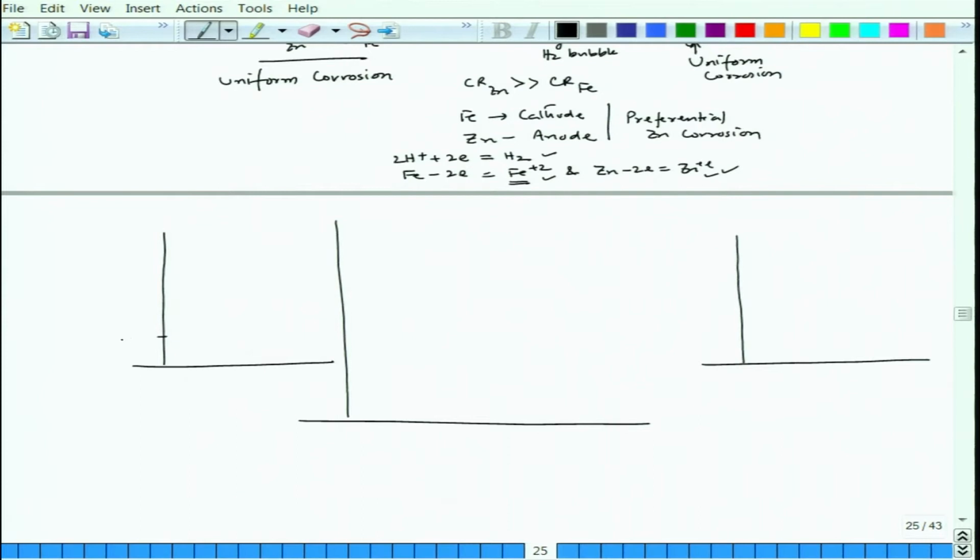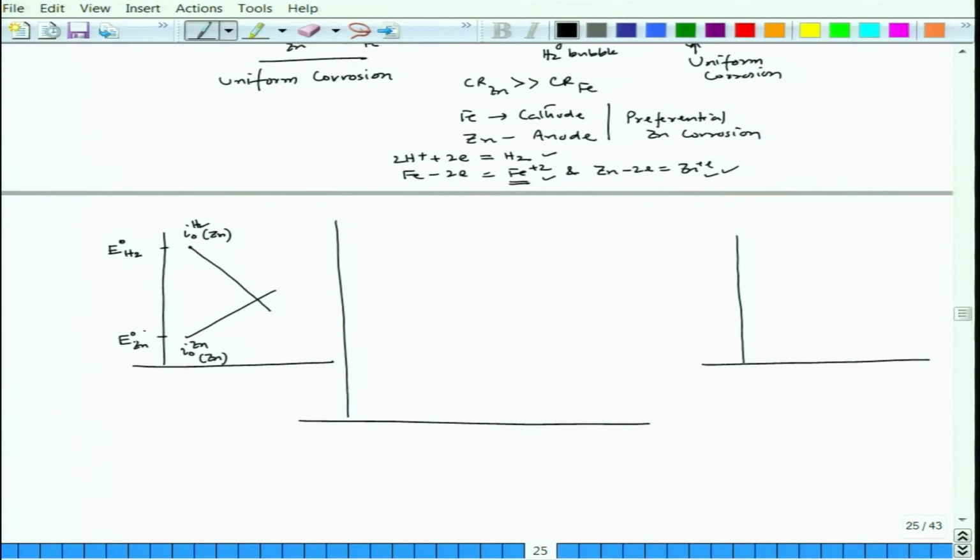So, if we consider the zinc case, this is the exchange current density on the zinc surface, and I am considering, this is an assumption, it should not be the true value.